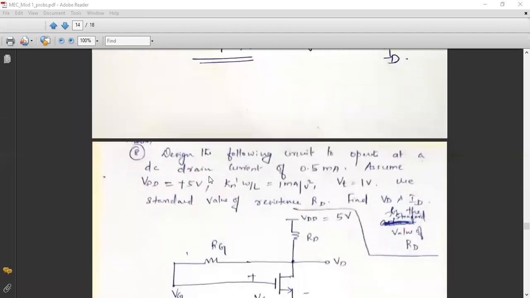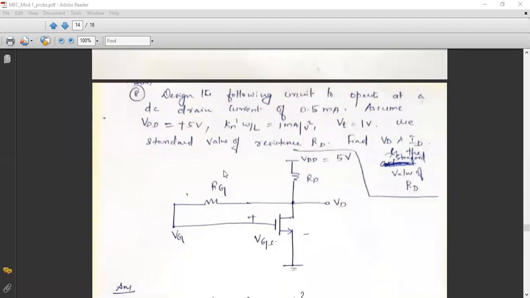Okay, take down the next question. Design the following circuit to operate at a DC drain current of 0.5 milliampere.